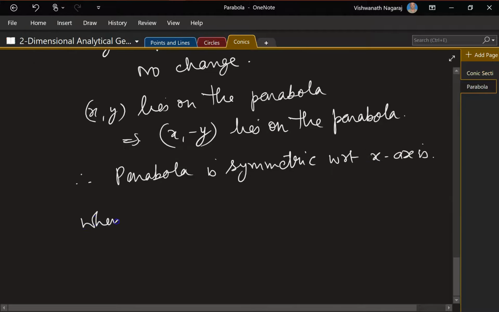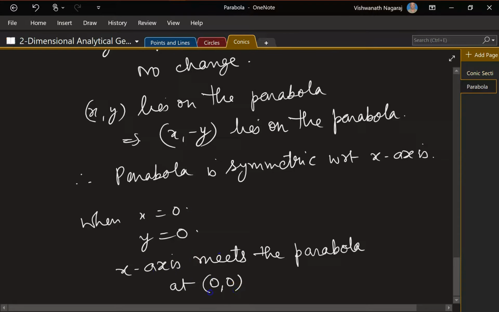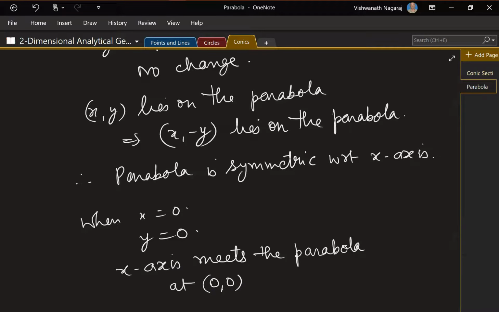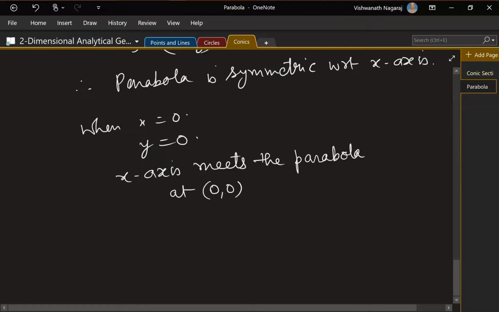Now when X equal to 0, Y equal to 0, so the parabola meets the x-axis at (0, 0), and this is called the vertex. That meeting point is called the vertex.